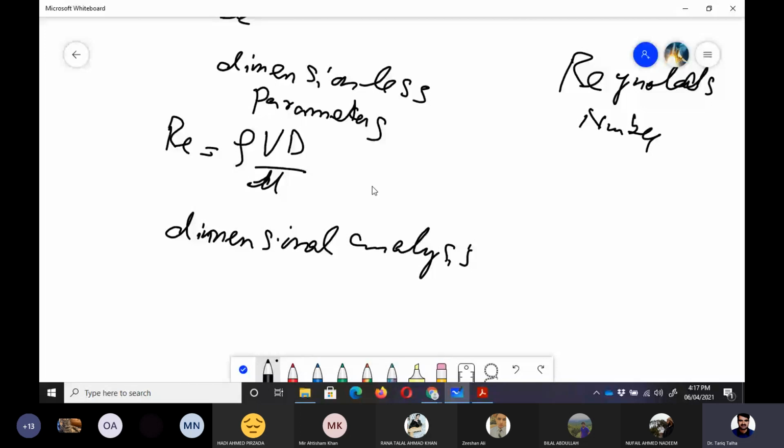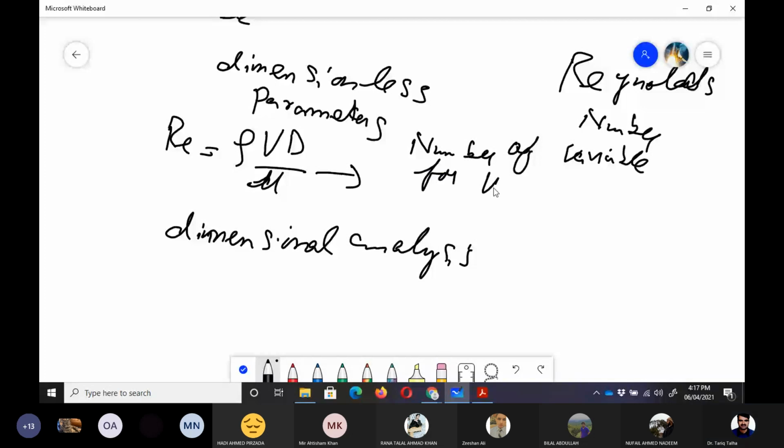The advantage of doing non-dimensionalization is twofold. One is that the number of variables for the experiments is reduced.